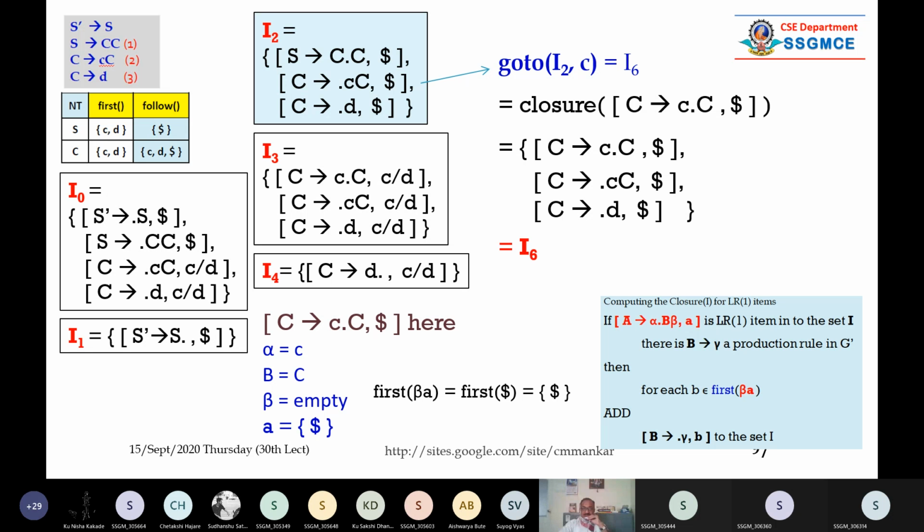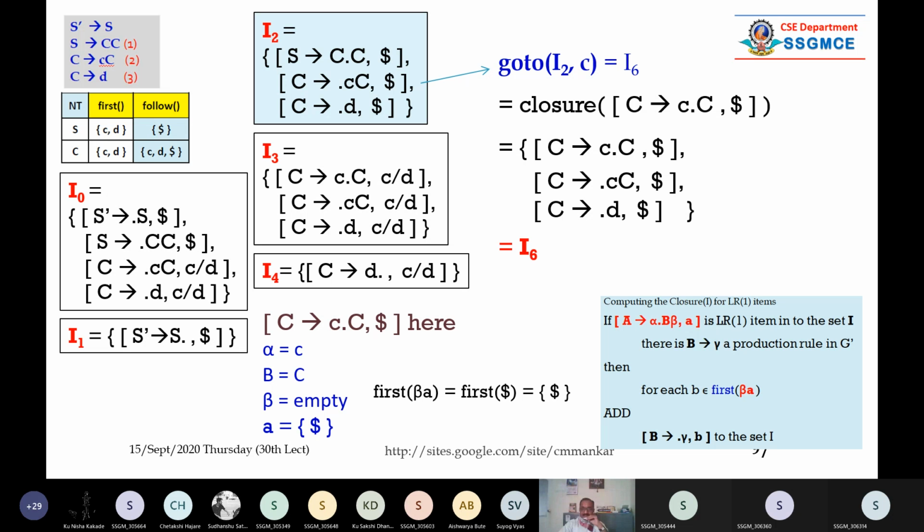These are rule number 2 and 3 from the original grammar. Now we have to add C production rules, rule number 2 and 3. But we have to compute the new lookaheads for these 2 production rules. So these are computed like this. It is given on the bottom area of this slide.